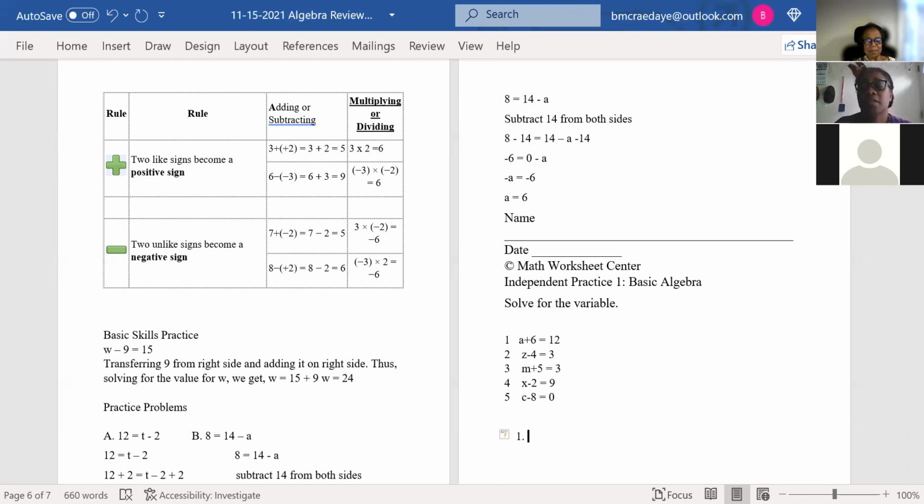Is it an equal sign between 6 and 12, or a minus sign? No, that's an equal. These are all equal, equal, equal, equal, equal. These are all equations. A plus 6. C minus 8 equals 0.